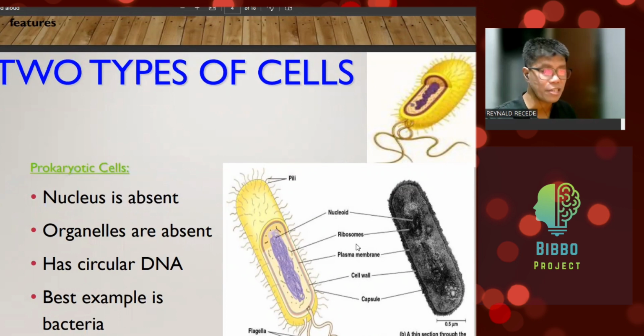Baka magsasabi, sir, hindi po ba yung ribosome organelle po yun? No. Ribosomes are not organelles, basically because for an organelle to be called an organelle, dapat composed siya ng double membrane system. It has a genetic material, also a DNA. However, it is circular in structure. And the best example that belongs to the prokaryotic cell are the bacteria. Lahat ng klase ng bacteria.